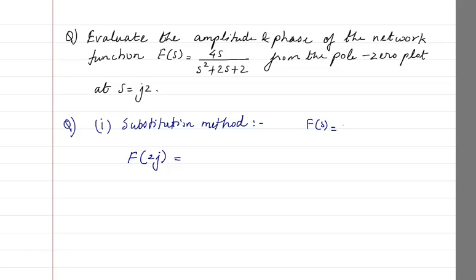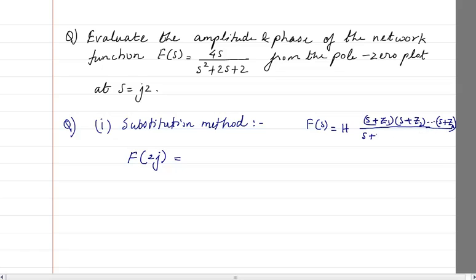F(s) is equal to H, then (s plus z1)(s plus z2), like that all the way up to (s plus zn), whereas in the denominator it will be (s plus p1) into (s plus p2) all the way up to (s plus pn). We have to make it into this form.